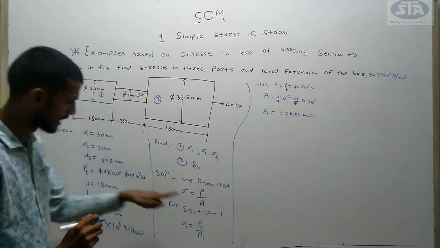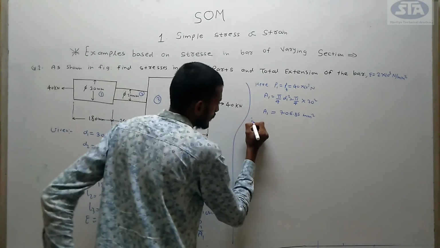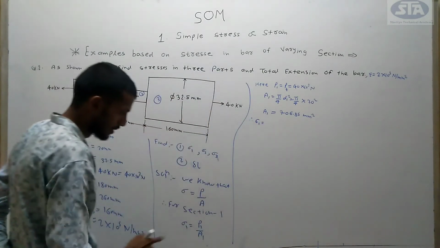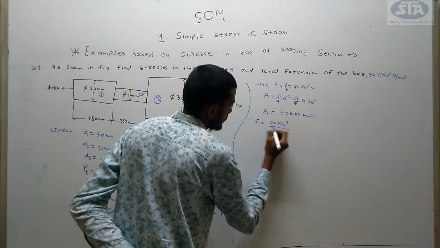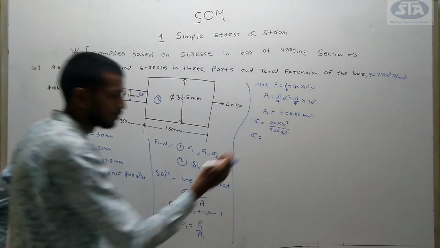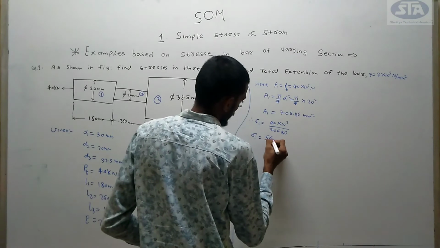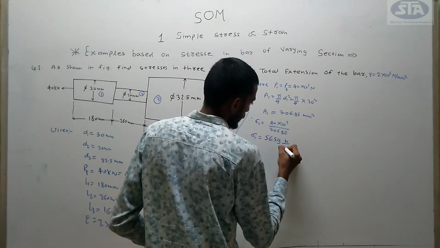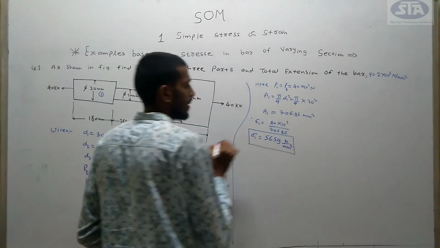Now as we have area 1 and the value of P1, we can calculate sigma 1. Sigma 1 is equal to P1, which is 40 into 10 raised to 3, upon 706.86. Dividing these two terms, the answer is 56.59 newton per mm square. So we got sigma 1.